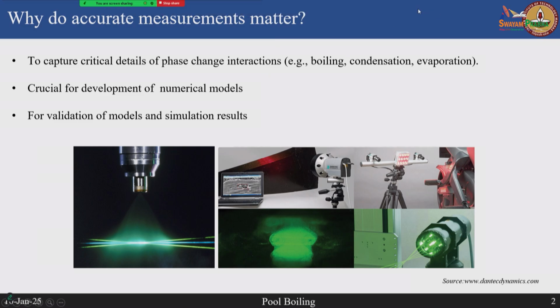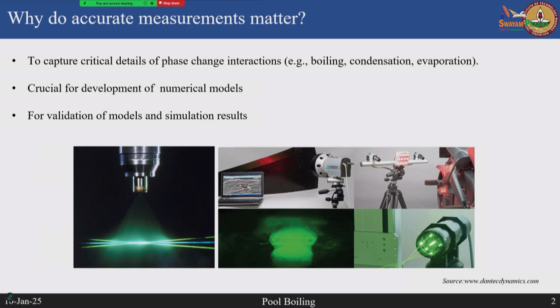As you all know, why do accurate measurements matter? Whether it is multiphase or single phase heat transfer, one thing with phase change heat transfer like boiling, condensation and evaporation is that the experiments to capture this phenomenon are more difficult.